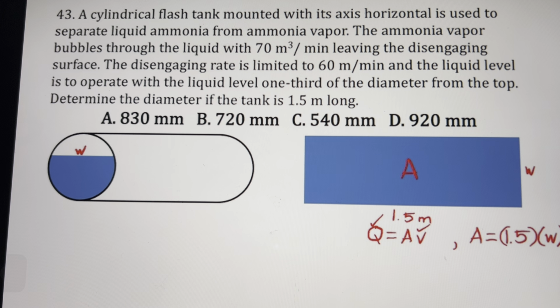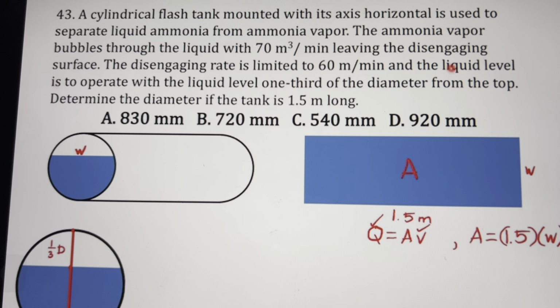What is the relationship of the width with our unknown, which is the diameter? Let's see with our front view of the cylindrical flash tank. As you can see, this is our diameter. From the top of our circle up to this point, that is 1/3 of its diameter according to the problem. As the problem said, the liquid level is to operate at 1/3 of the diameter from the top.